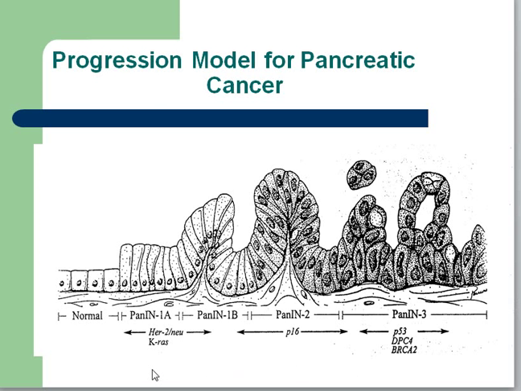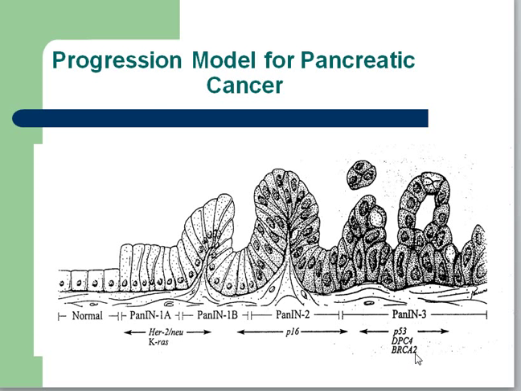So in this progression model, some of the genes we spoke about, KRAS is an oncogene which initially causes cell division to go haywire. P16 is a tumor suppressor gene, which we spoke about, which is inactivated in pancreatic cancer, as well as P53.